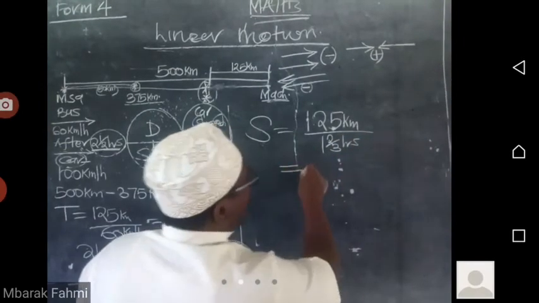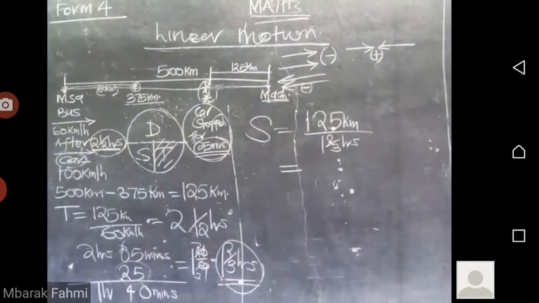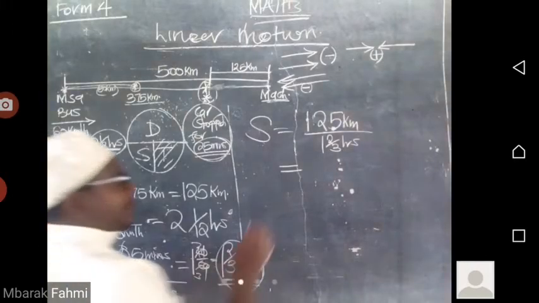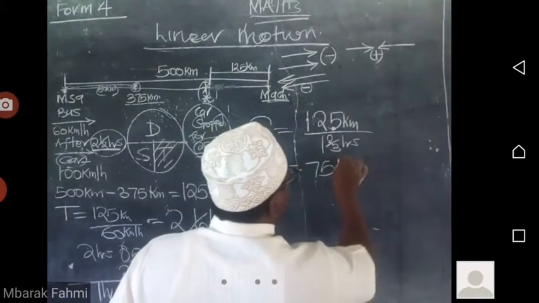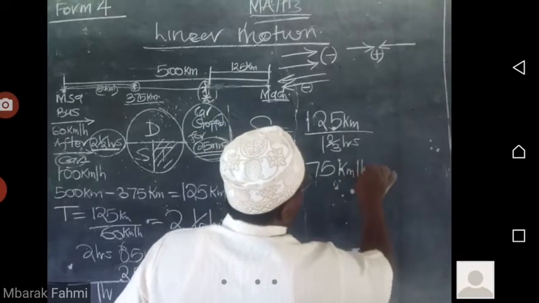Okay? That will be equal to what? We are calculating it. So 125 divided by 1 and 2 over 3 will give us 75 kilometers per hour.